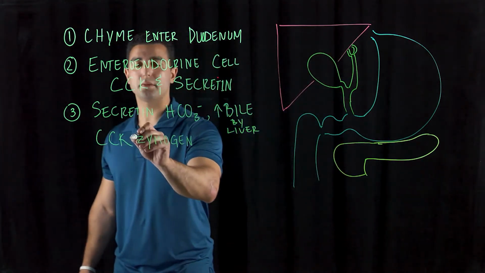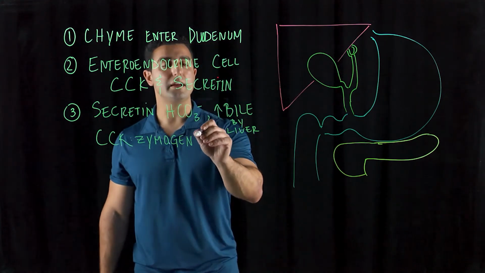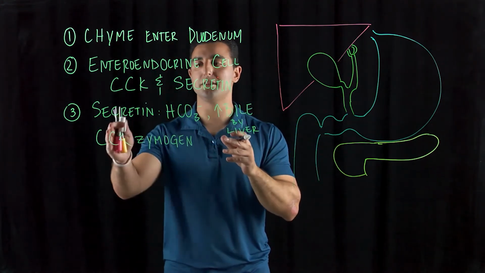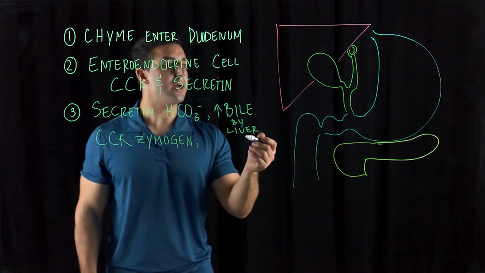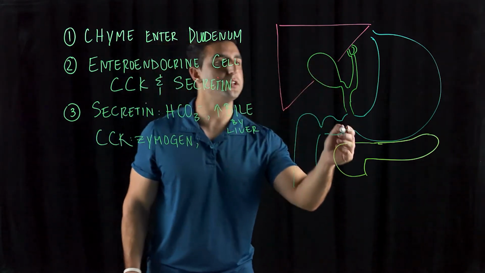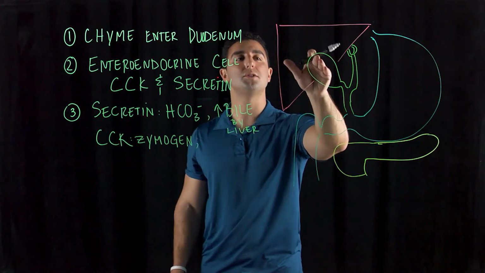Another function of the CCK is also increasing bile production by the liver, so they work together synergistically with secretin, but also increasing the contractions of the gallbladder to increase bile secretion, right? So we said, where is bile made? Bile is made in the liver, but it's stored in the gallbladder.